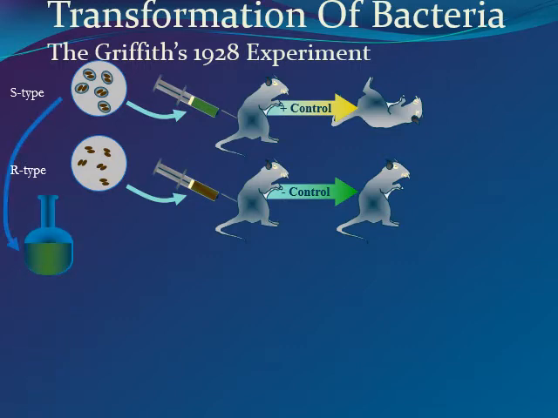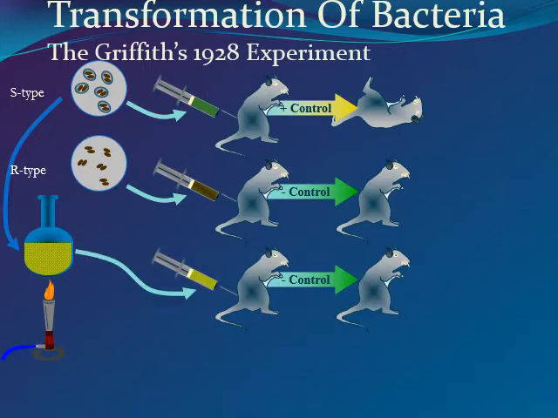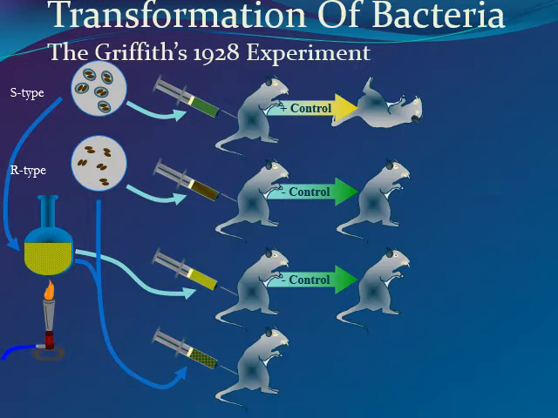Also, when the heat-killed S-type was injected into the mice, the mice were still alive. If a mixture of the live R-type and heat-killed S-type cells was injected, the mice developed bacteria identical to that caused by injection of the living S-type.